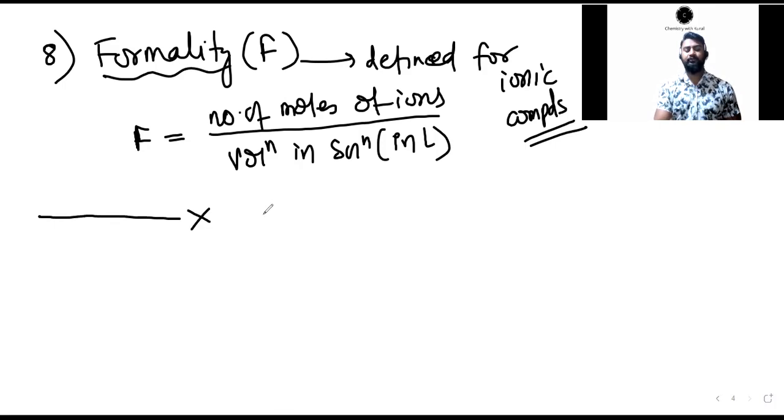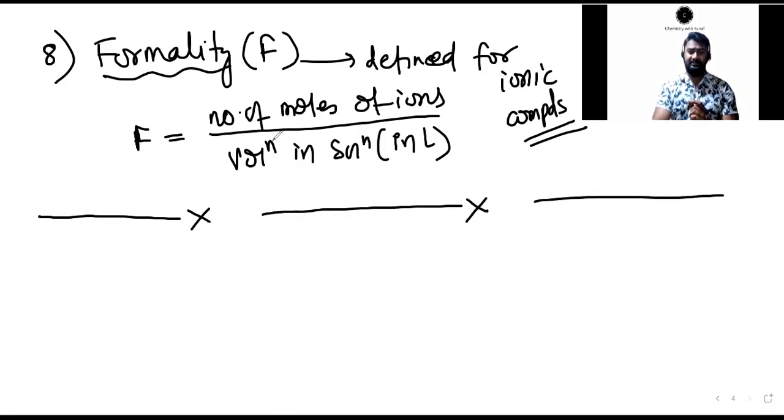So one last thing before I wind up this video. There will be questions asked in your exam, so you must know this particular concept. Let's understand. Chi, M, mole fraction, molality, weight by weight percentage.